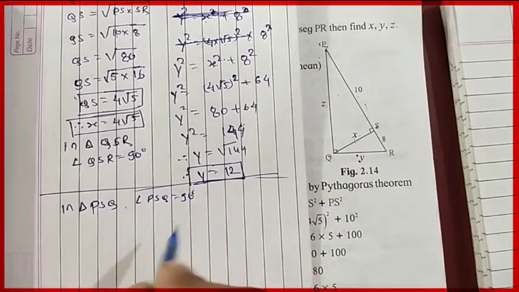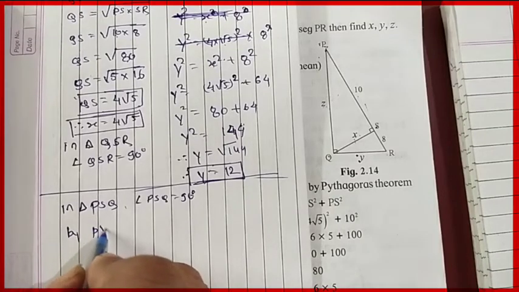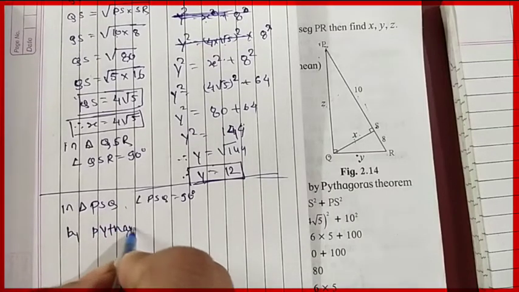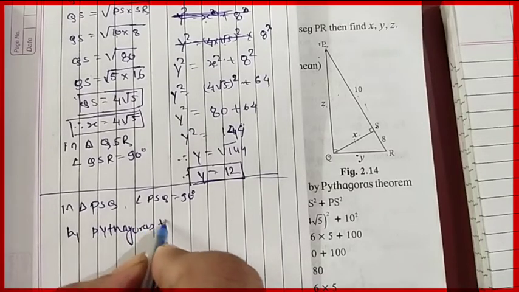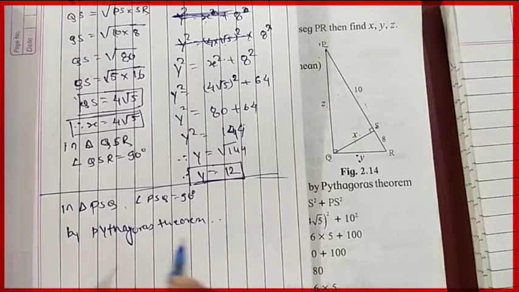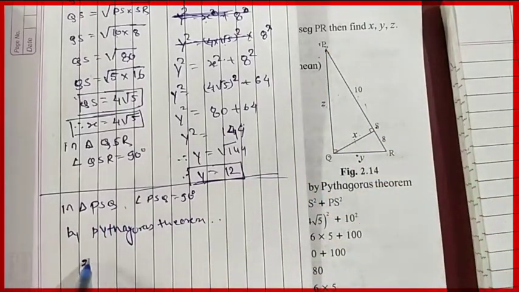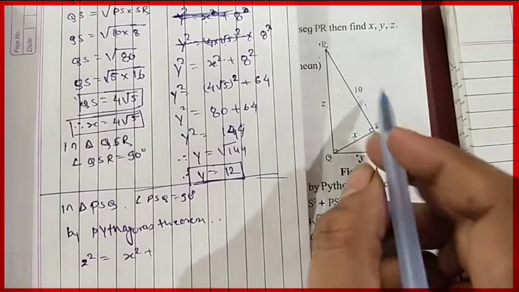So we can apply Pythagoras theorem here. So by Pythagoras theorem, we can write the square of z, that is the hypotenuse, square of z equals x square plus 10 square.